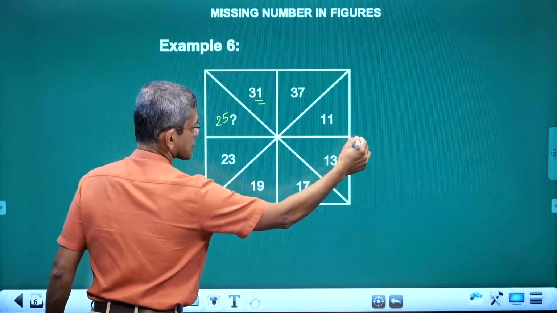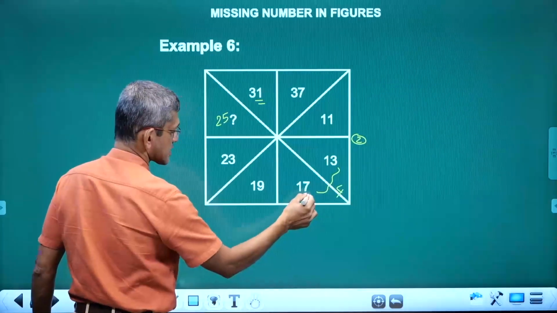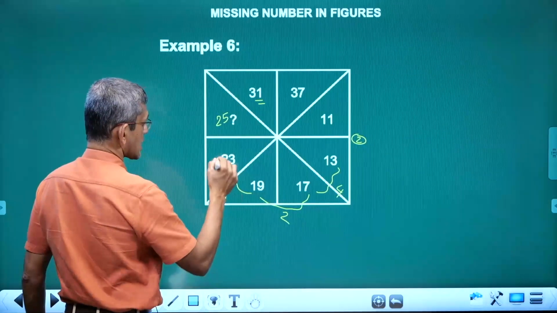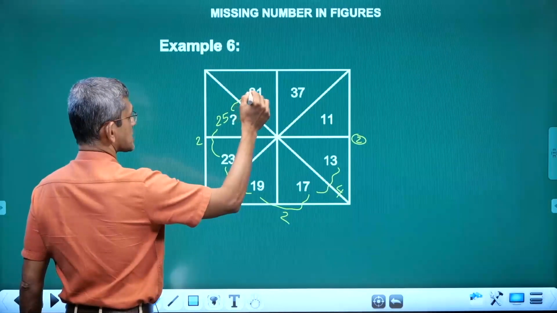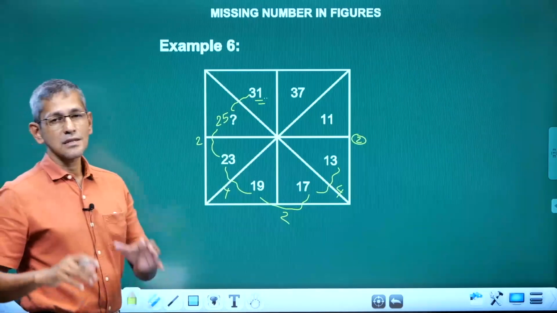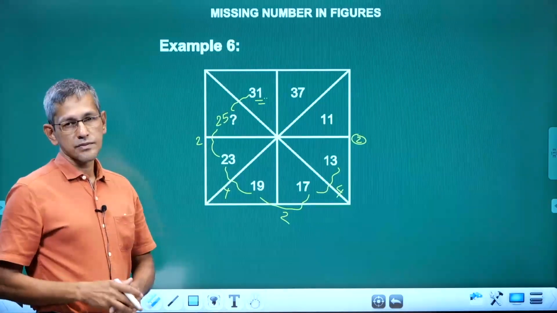This is 2. 2 is the difference. And in this case the difference is what? 4. Again 2 right here. Again we have 4, again we have 2. Next one must be 4. 25 plus 4 must be 29. But it is given as 31. So that number 25 doesn't fit that slot.